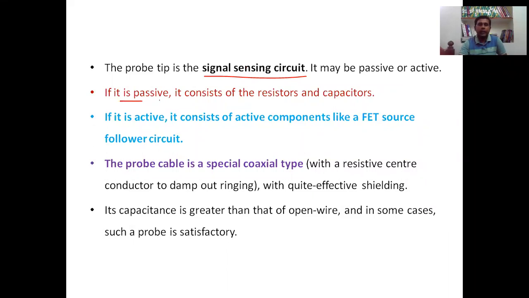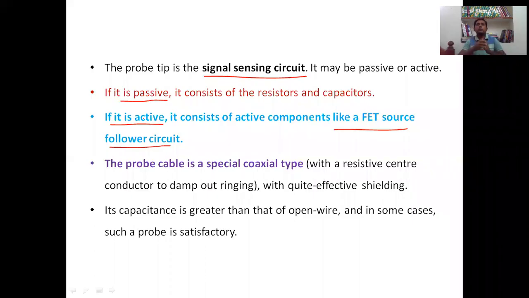If it is passive, it uses passive components. Suppose a sensing element is designed with passive components, then you can say the probe is a passive probe. And the second one, if it is an active probe, it consists of active components like a FET source and voltage follower circuit. So there are two basic types of CRO probes, passive probes and active probes.